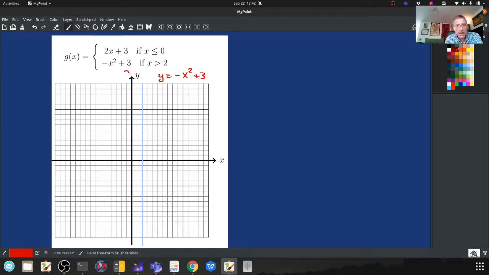On the other hand, for x less than 0, y is equal to 2x plus 3. Now you might say, but it says g of x. But remember, any function, g of x, h of x, p of x, can be replaced by y. So again, we just make two tables of values, and we obey the domain rules.